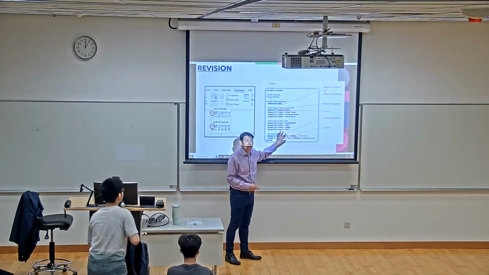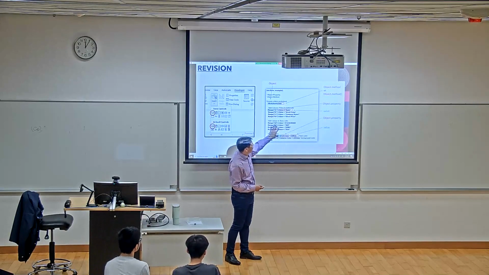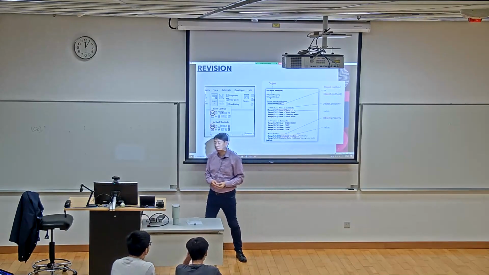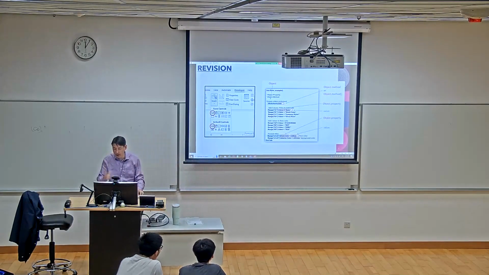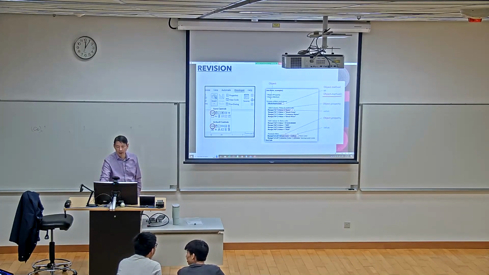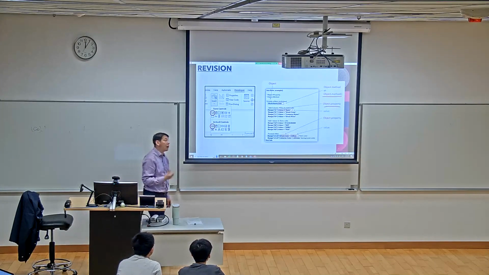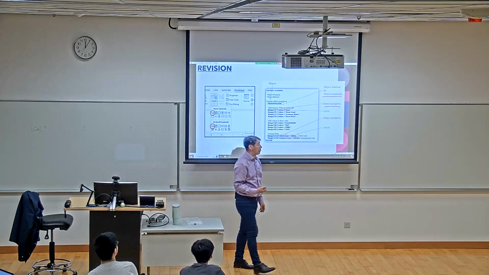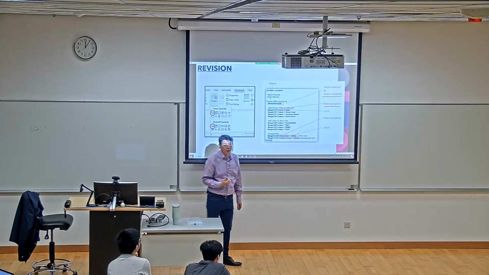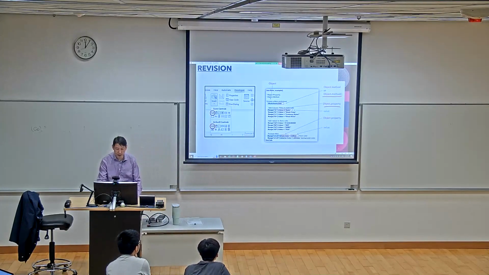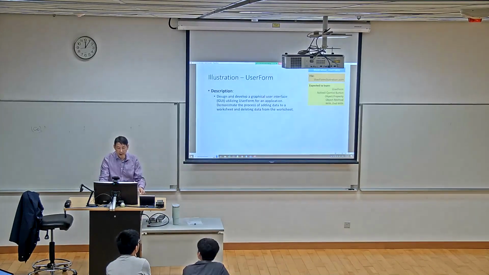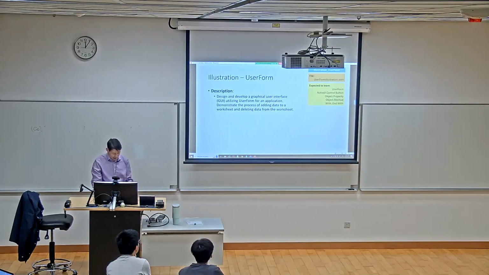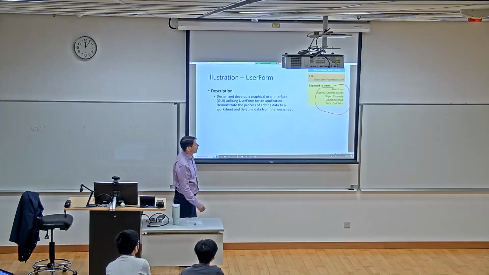To understand the user form, we need to apply the object concepts, object.property, object.method, that kind of thing, commonly used in all OOP programming languages, including Java, and of course VBA as well. Last time, after going through all the material, you should have learned all this.